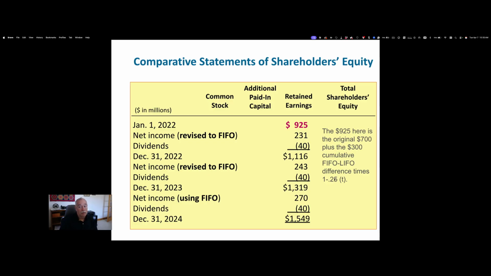It's an accrual-based tax. It's not a cash tax, but we would have had that. Okay. Then we adjust each of these years as if the dividends remain the same, but we're going to use FIFO in all 3 years. And so that's our retained earnings balance.